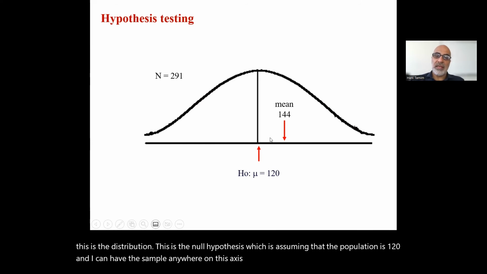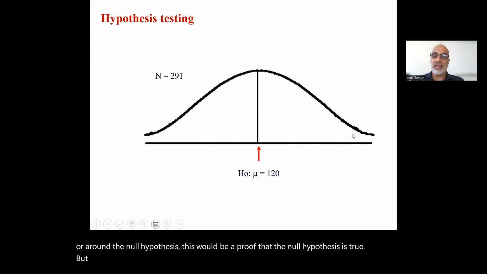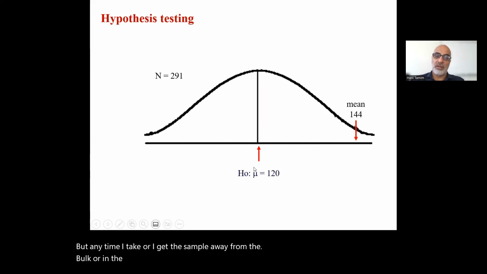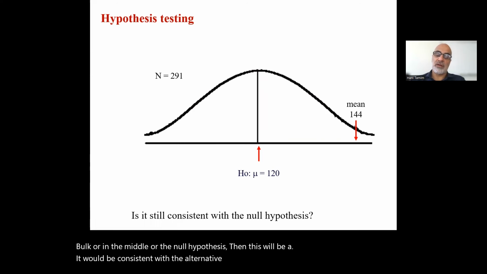So anytime I get my sample around the middle or around the null hypothesis, this will be a proof that the null hypothesis is true. But anytime I get the sample away from the bulk in the middle of the null hypothesis, then it will be consistent with the alternative and thus consistent with significant difference.